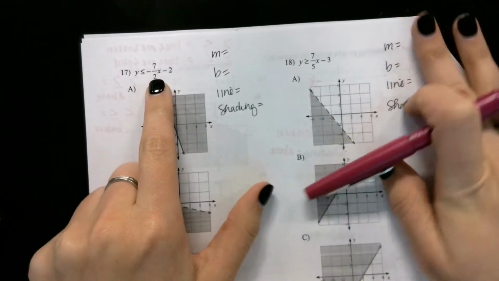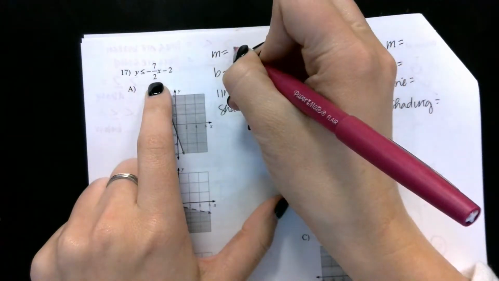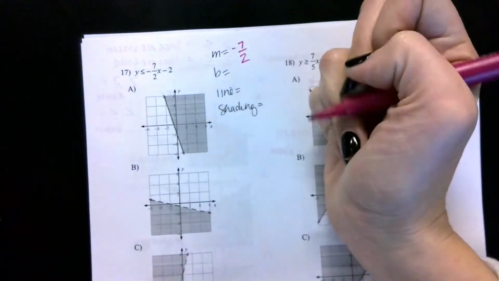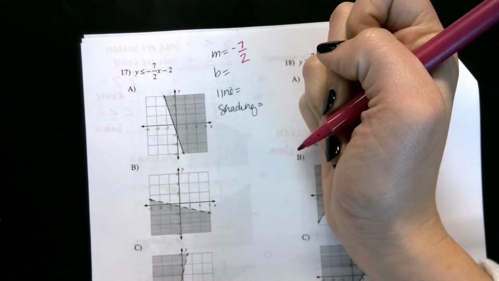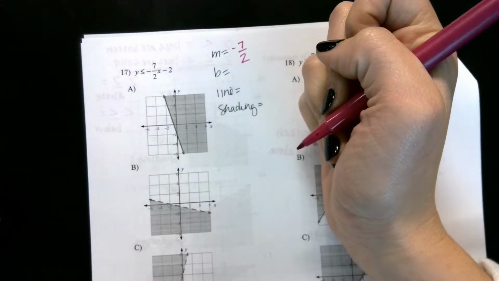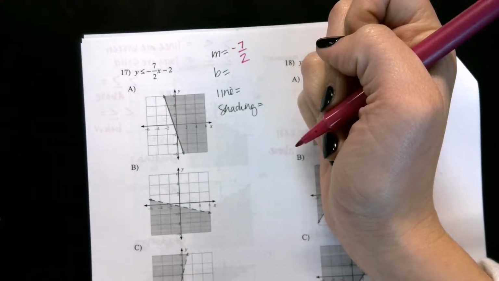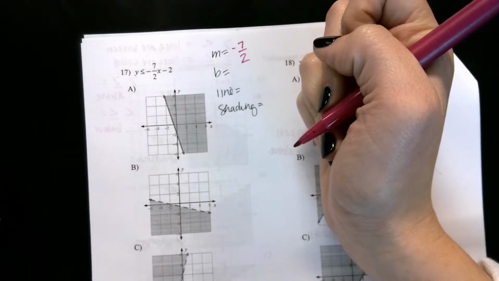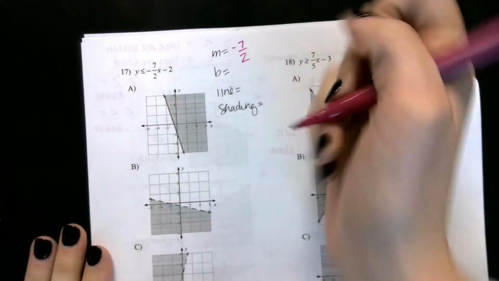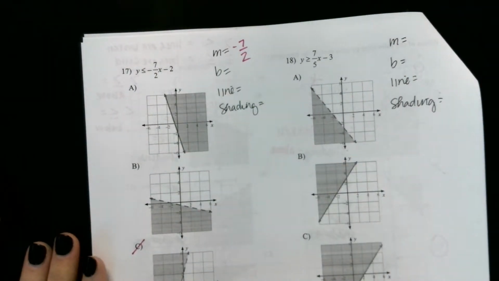So looking at our inequality, we're going to identify the slope. The slope is negative 7/2. Let's do this kind of differently in this problem. Knowing that our slope is negative, are there any positive sloping lines that we can eliminate in number 17? C. Good, Maya. You can just see.